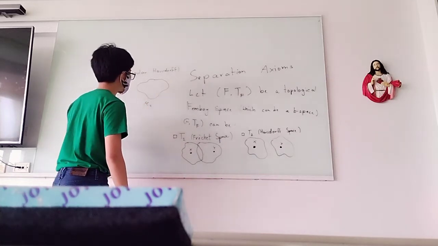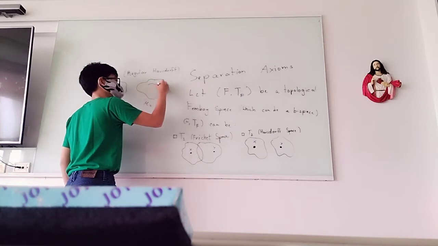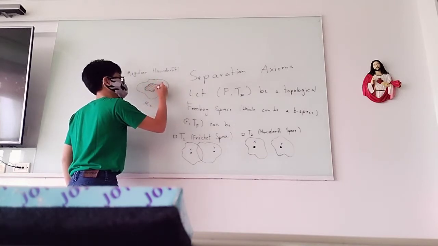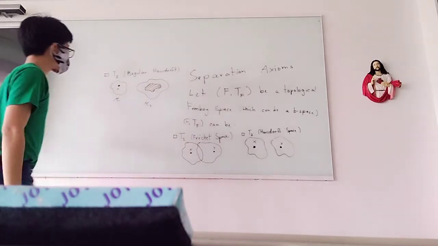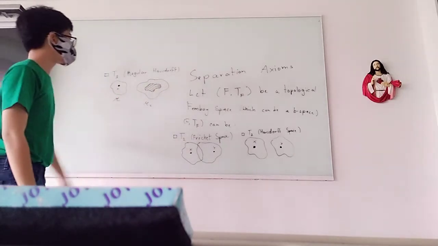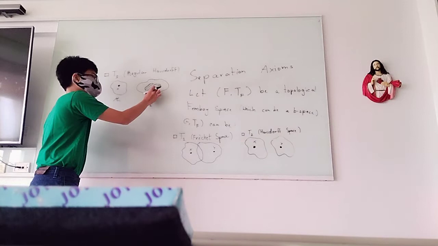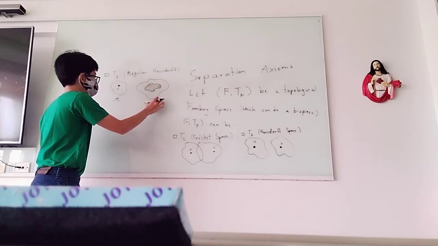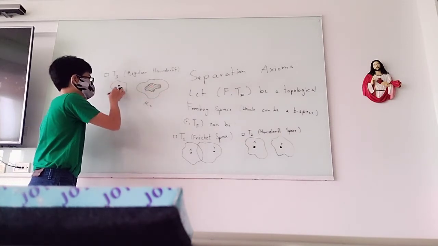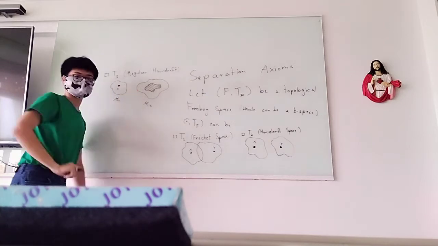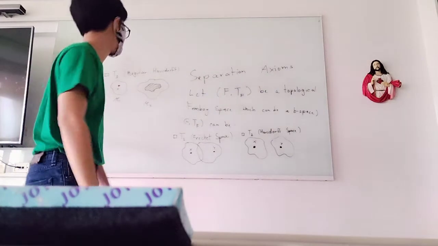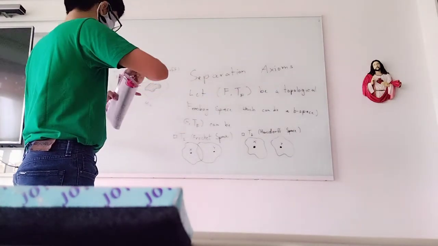But instead of a point inside it, we have a closed subset. So now I'm going to shade this to indicate that it's closed. Now, it's regular Hausdorff if we have this closed interval inside this neighborhood, and then we have this neighborhood around the point, and they don't intersect. That's regular Hausdorff. It's called regular Hausdorff.